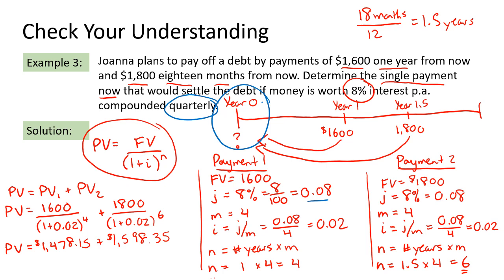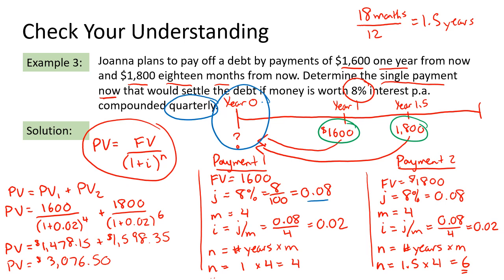So if you add those two together, you get a present value of $3,076.50. So you'll notice that instead of paying $3,400 off, $1,600 plus $1,800 in the future, she's saving money by paying off her debt early.